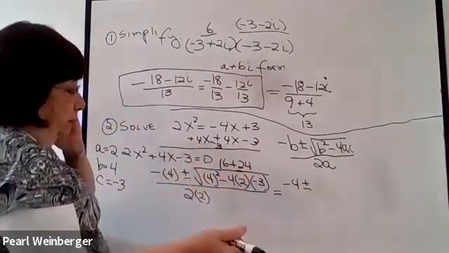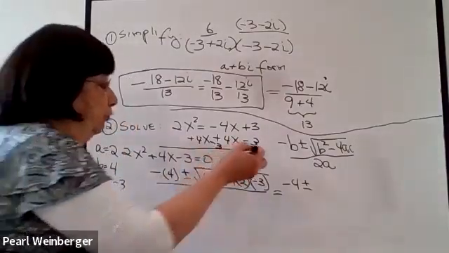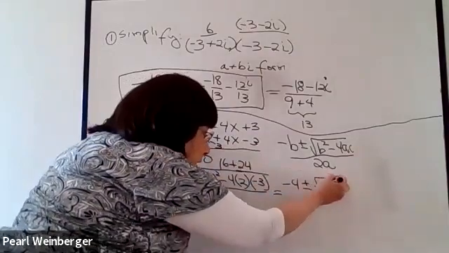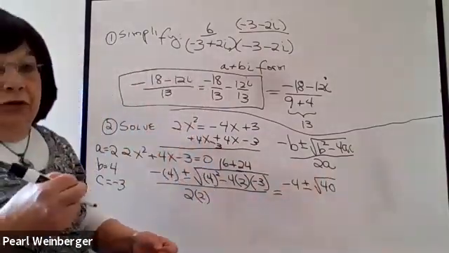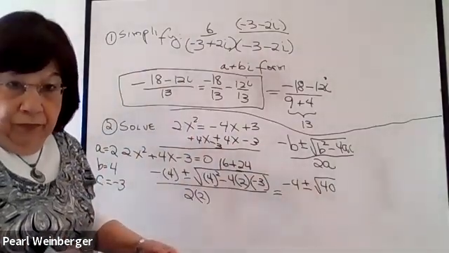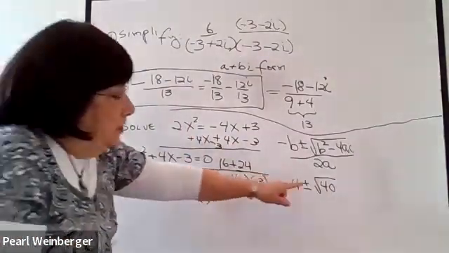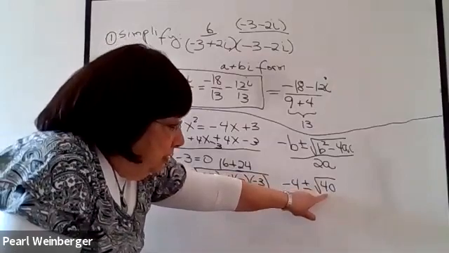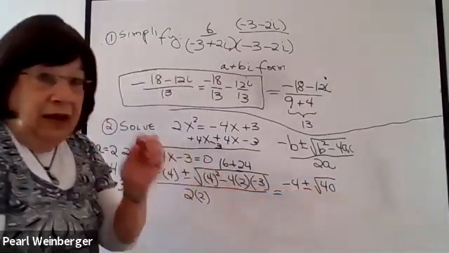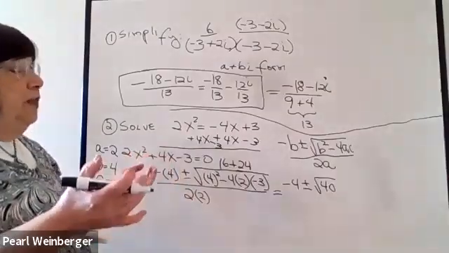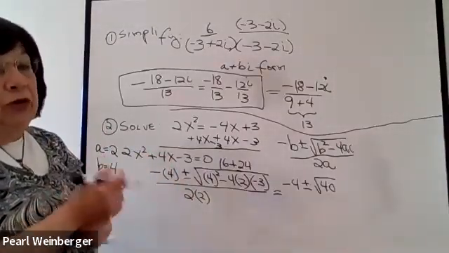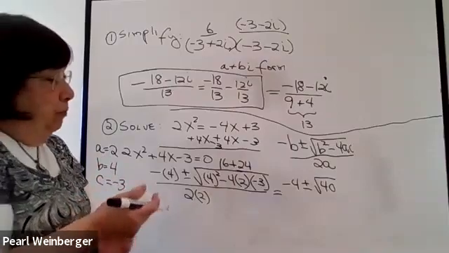And 16 plus 24 is 40. If you do the quadratic formula and you see that the number inside the radical is not a perfect square, which 40 isn't, then you know that you could never have done this by factoring.